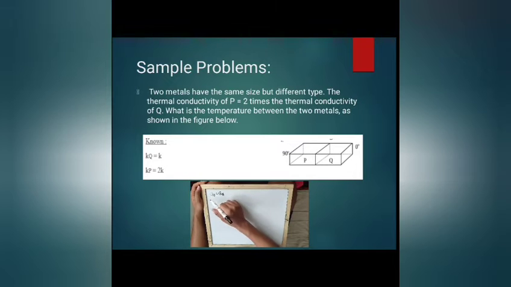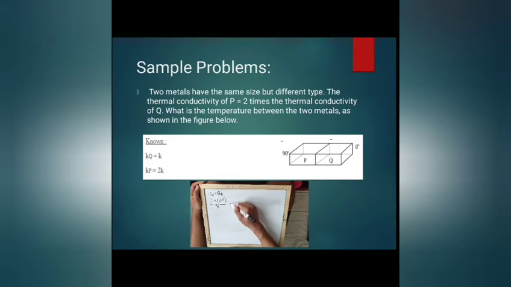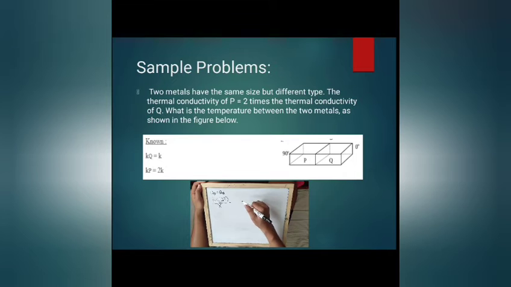So we will expand this into the formula for conduction. The formula is the thermal conductivity times the area times the temperature difference over the thickness of the material.